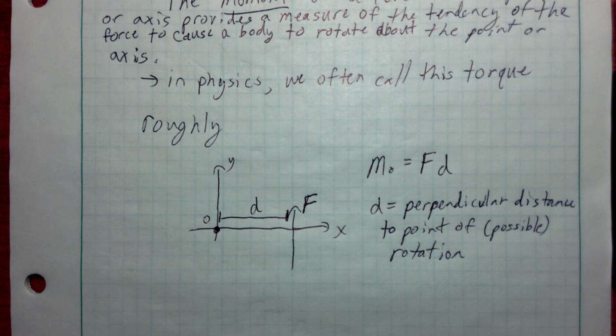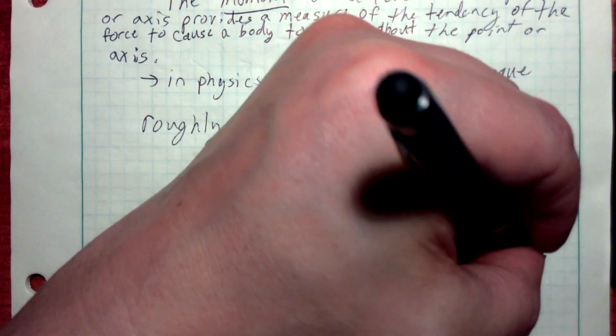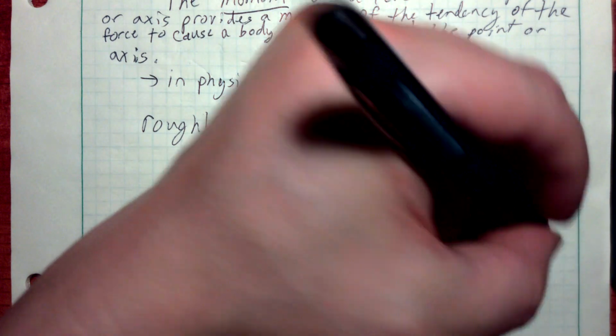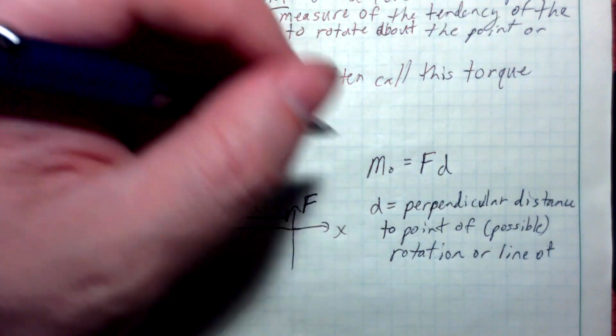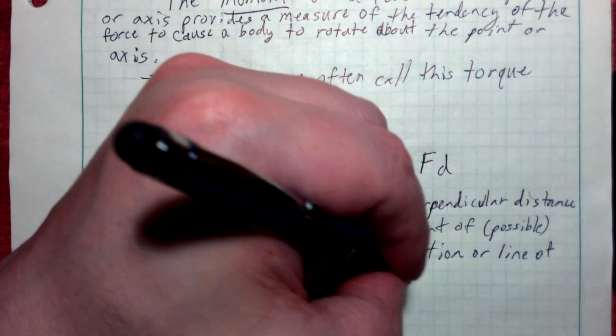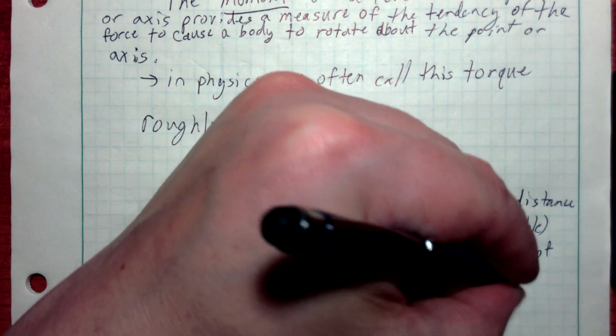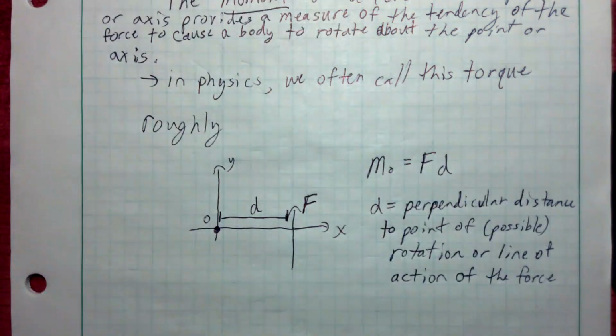D is the perpendicular distance to the point of rotation and the line of action of the force.